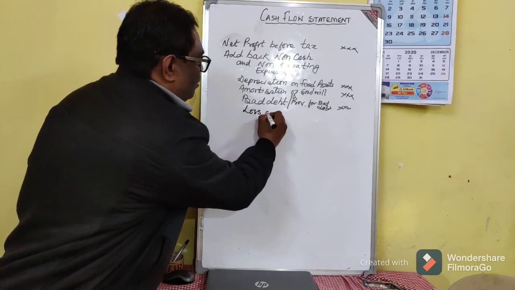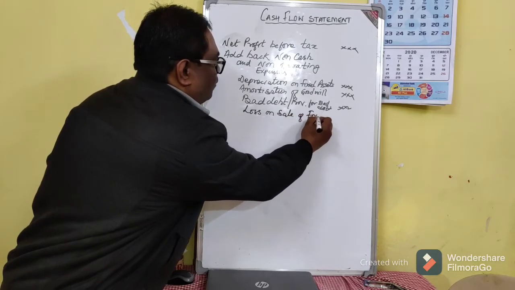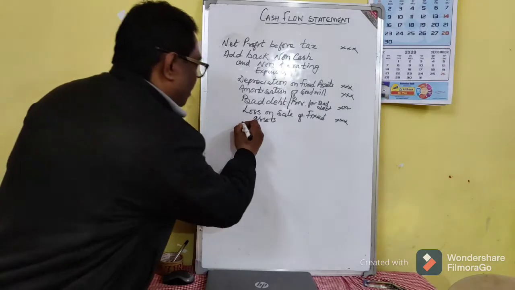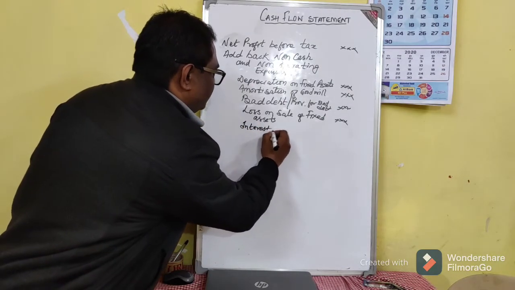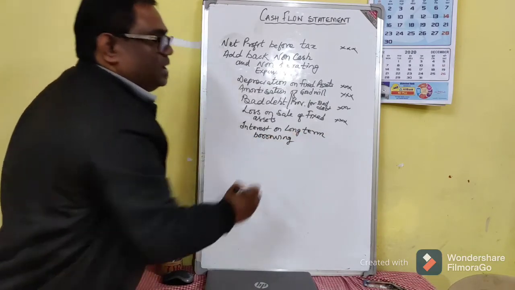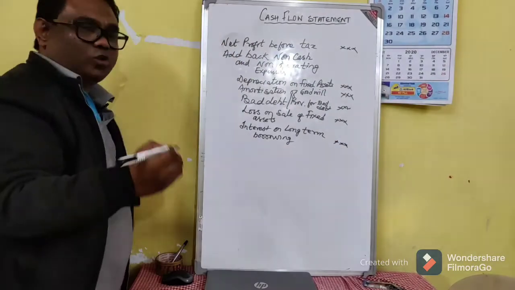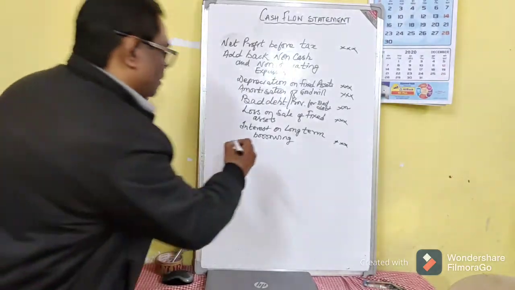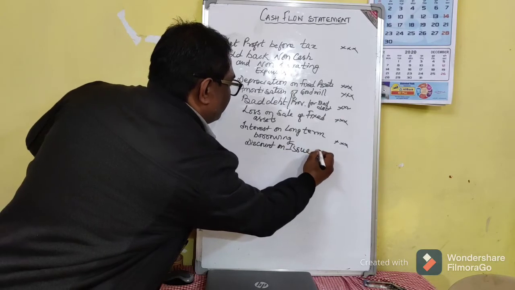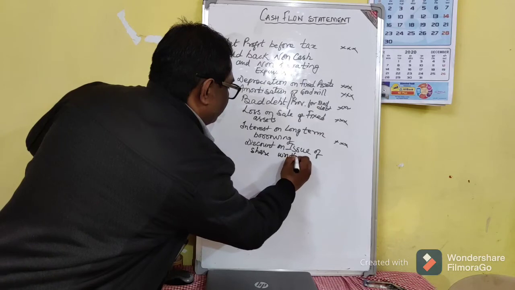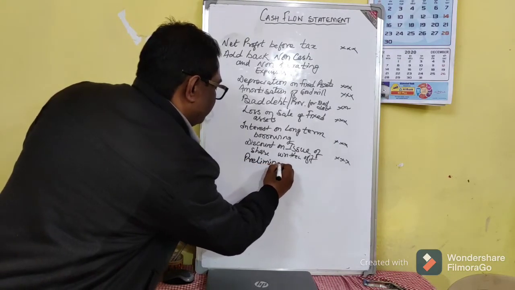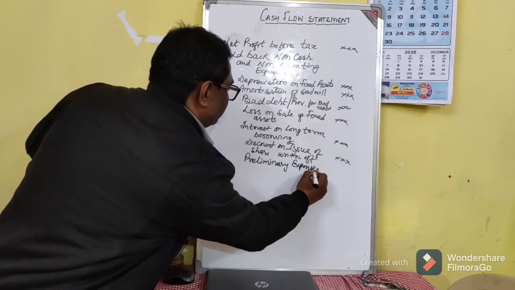Non-operating expenses are loss on sale of fixed assets, interest on long-term borrowing, that is interest on debentures and interest on long-term loan, discount on issue of shares written off, and preliminary expenses written off.